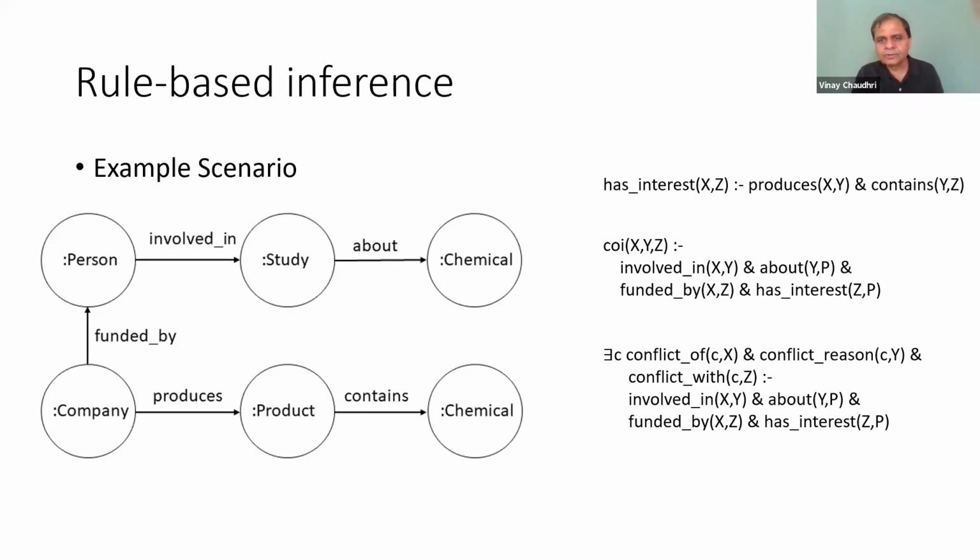Here we are introducing a new object C, which represents the conflict of interest. And then for that new object, we introduce a set of relationships which capture different components of the relationship: conflict of, conflict reason, conflict with. And we say that the conflict of C is X, conflict reason is Y, and Y here happens to be the study, and conflict with is Z, which happens to be the company.